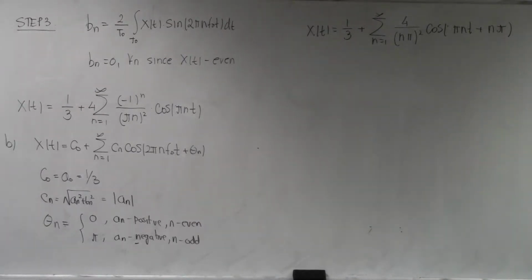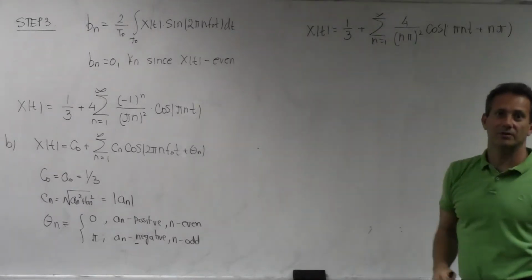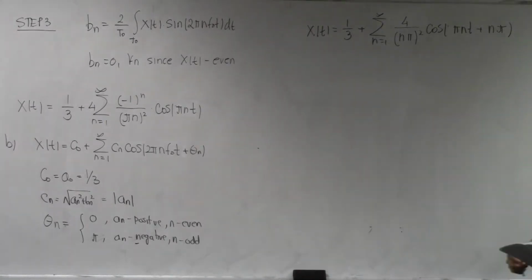So when n is even, I'm going to be adding integers of 2 pi, which is essentially bringing you back to 0. But when n is odd, I'm going to be adding pi, therefore putting a minus in front of it, just like in the previous form.